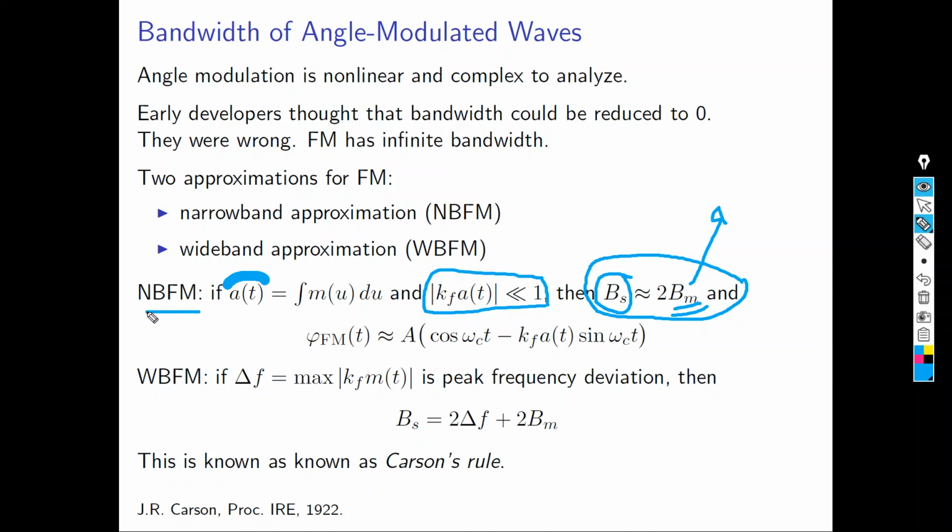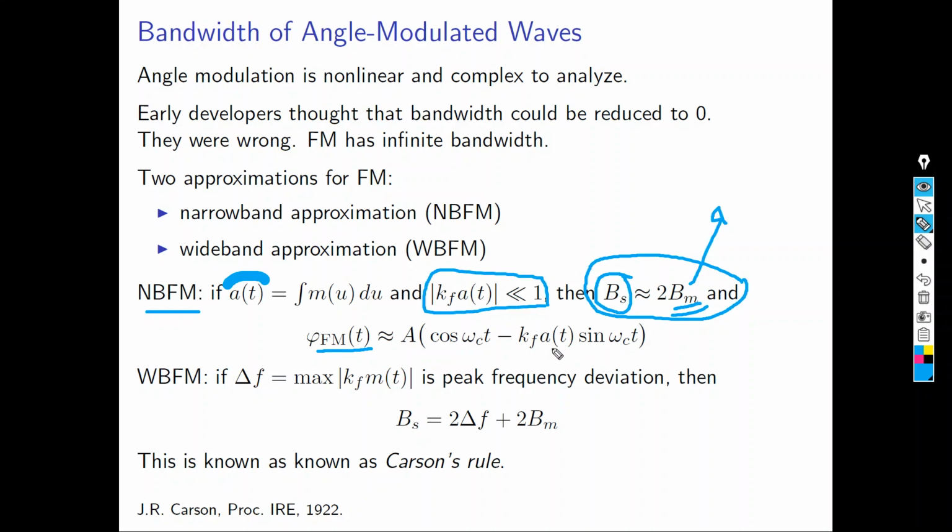Now when you have narrowband frequency modulation, the mathematical formula of the frequency modulated signal is given as follows. It's equal to A cosine omega c t minus kf a of t sine omega c t. This is the approximation we are talking about.